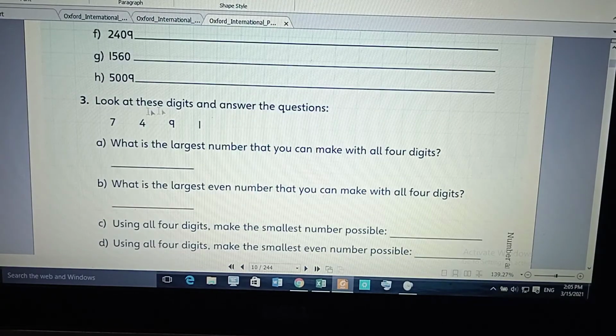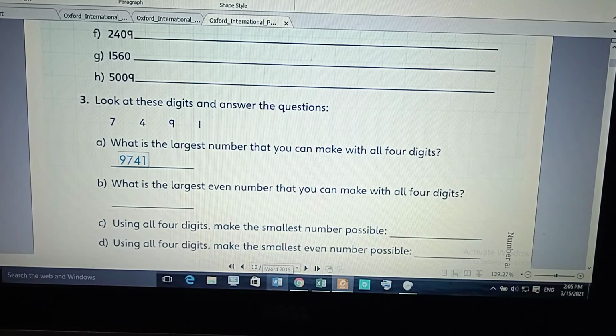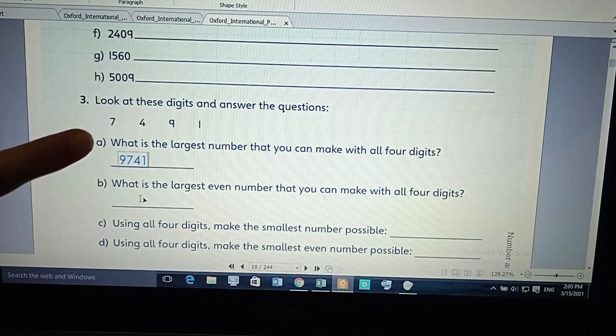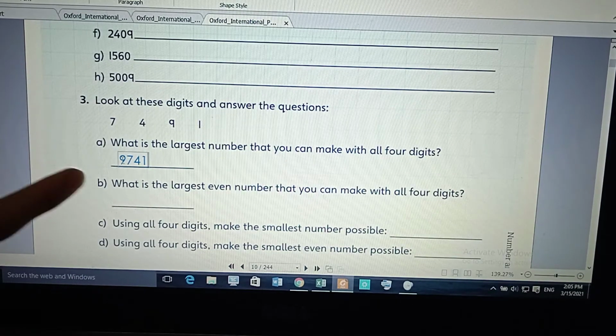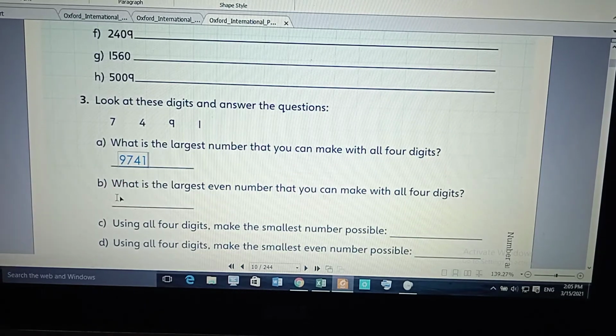Next, look at these numbers and answer these questions. What is the largest number that you can make from these four digits? We can make it 9741, writing it in descending order, greatest to smallest. It will make the largest number.